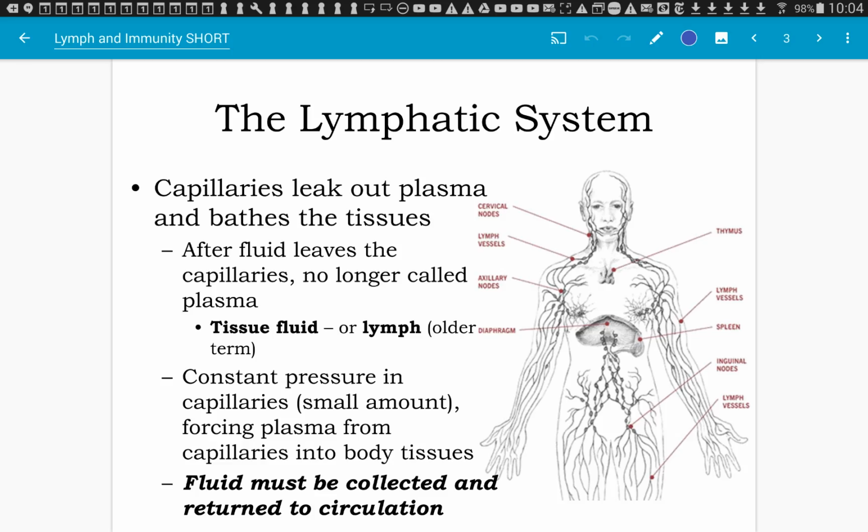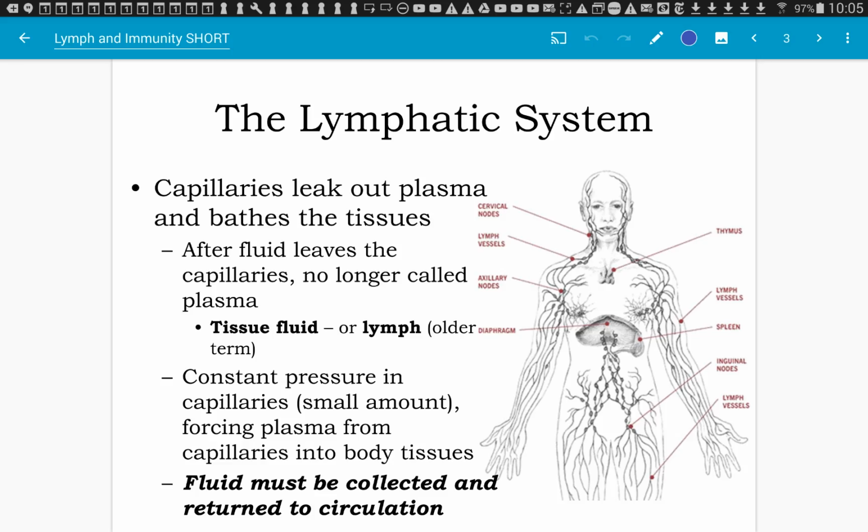But, so we have fluid that went out into the tissues, but then how do we get the fluid back? So the lymphatic system is designed to collect that fluid that's in your tissues and kind of suck up that fluid into their own lymphatic capillaries. Okay? And so it helps to remove that excess fluid from your tissue.